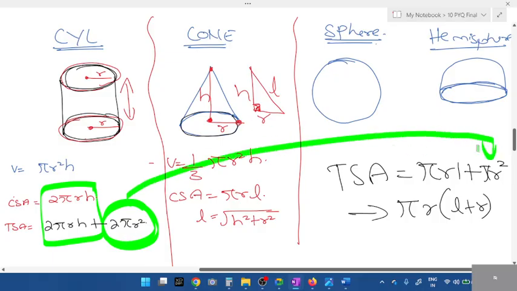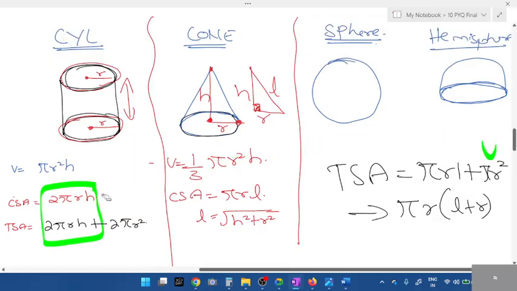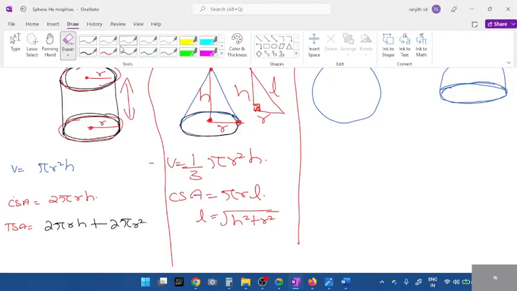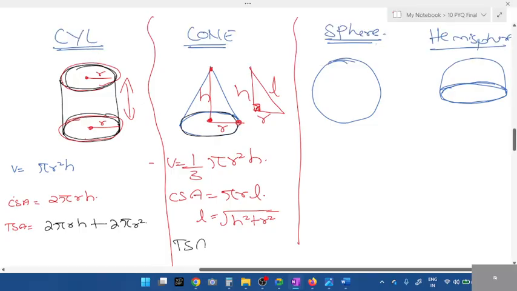Just because one circle is given, it's just pi r square, not 2 pi r square. So this is curved surface area and total surface area. Right? So total surface area is equal to pi r L plus pi r square.